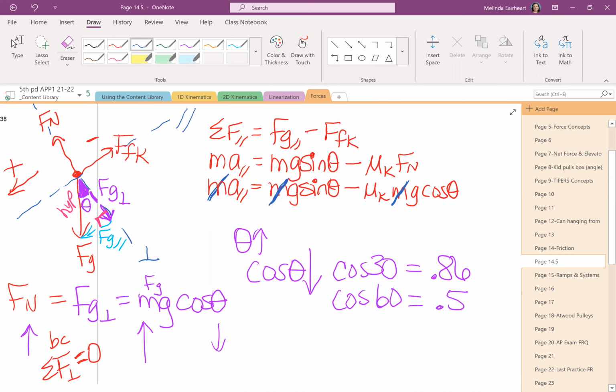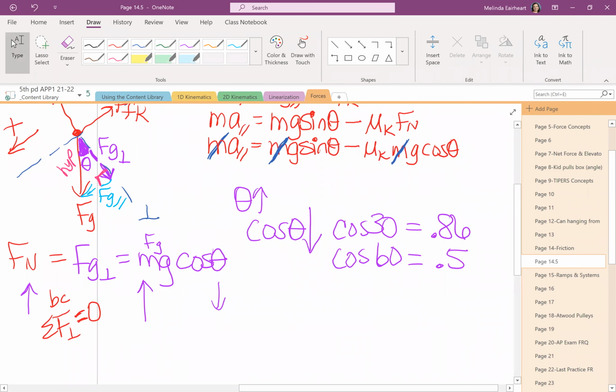And so we already saw with normal force, as theta goes up, cosine theta goes down, right? And so if we go greatest acceleration, we want cosine theta to go down. What about sine theta? As theta goes up, what happens to sine theta? And you can literally plug in your 30 and 60 to test it for yourself. So sine 30 and sine 60.